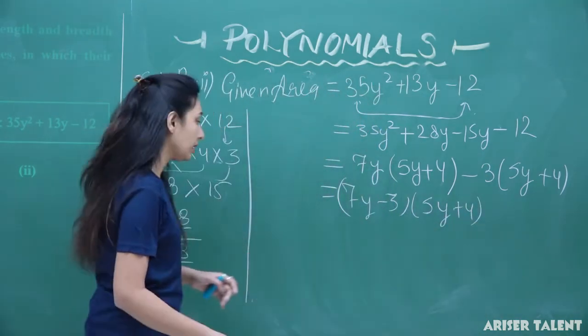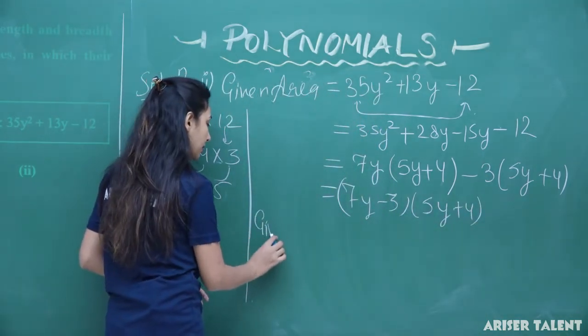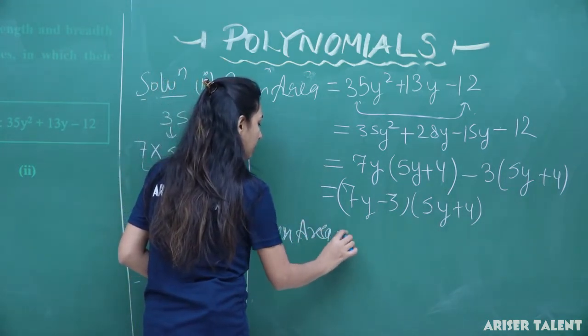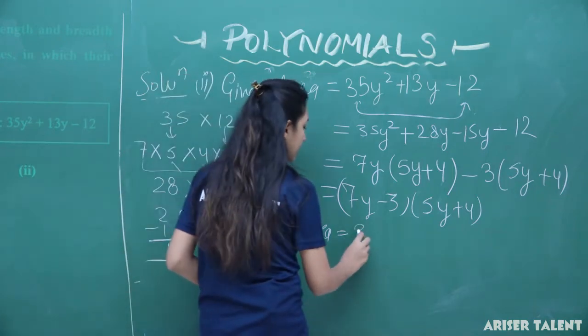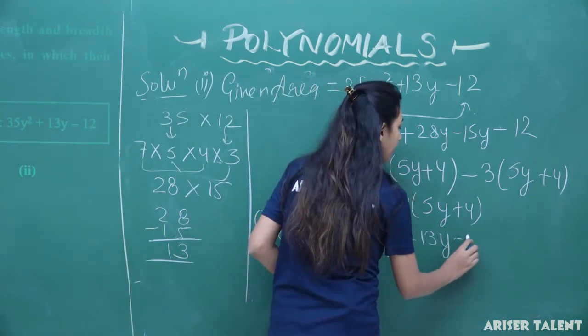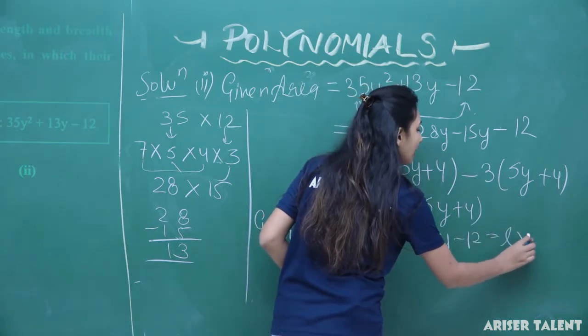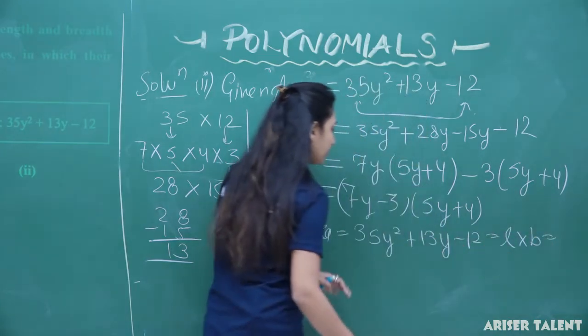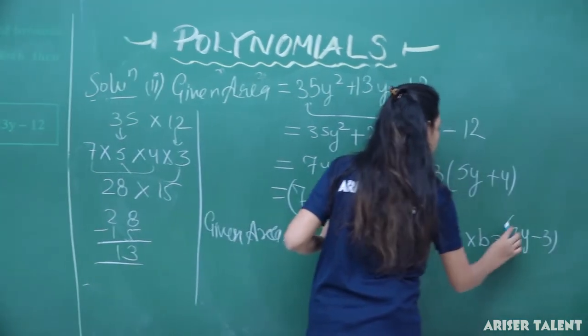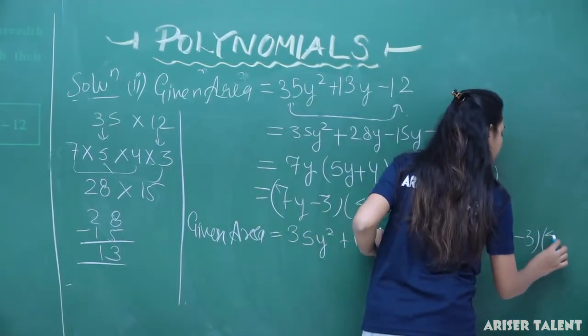Now, again you know, given area 35y square plus 13y minus 12 equals length multiplied by breadth, which equals 7y minus 3 and 5y plus 4.